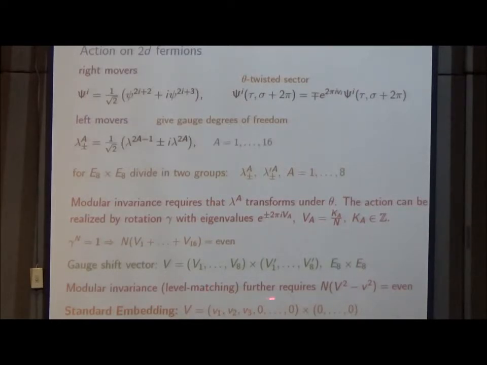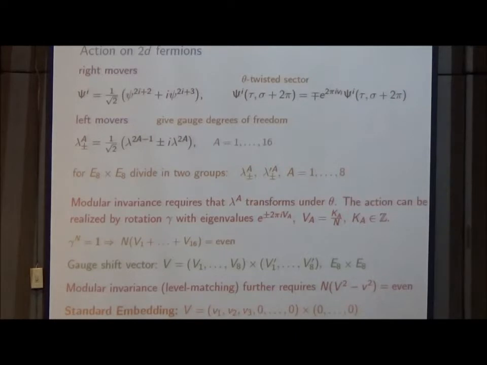Now, what I want to stress here is that there is always a solution of this condition. You just take the gauge shift vector to be exactly equal to the space-time shift vector. You will have to put lots of zeros, but no problem.